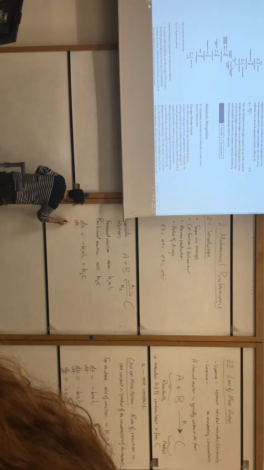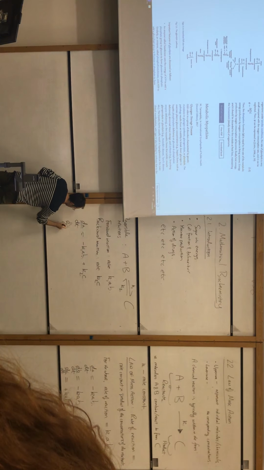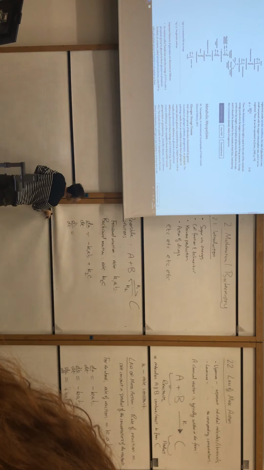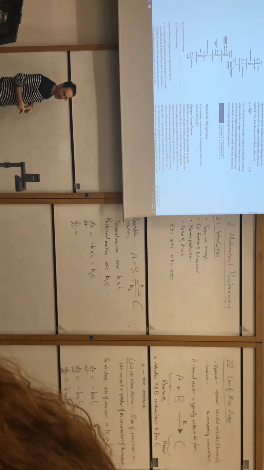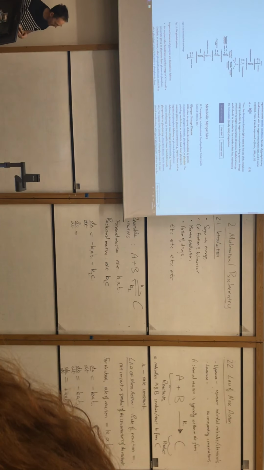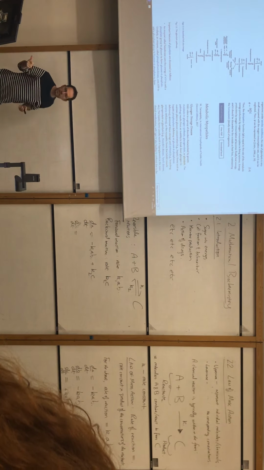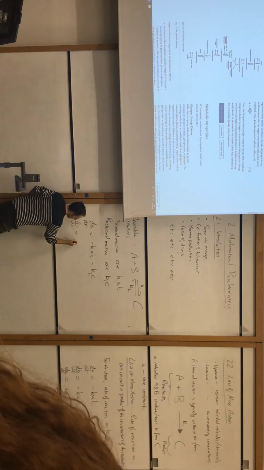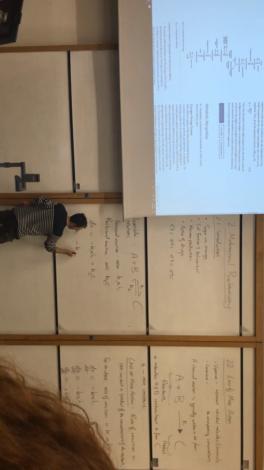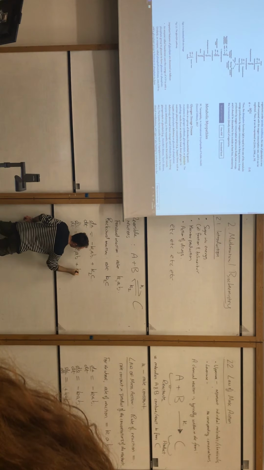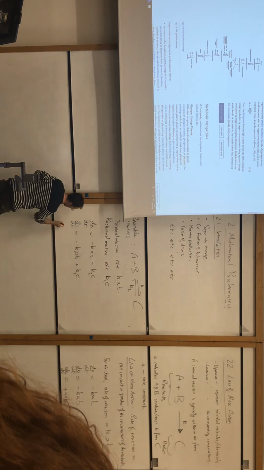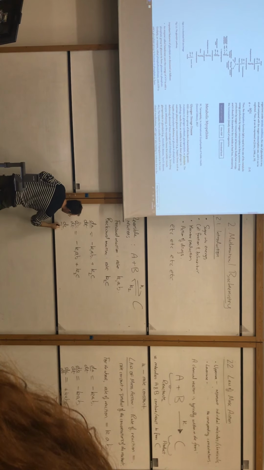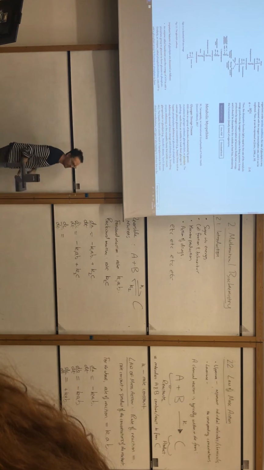Then you can do things for the other equations similarly. For B, B is going to have exactly the same sort of dynamics as A. It's being lost in the forward reaction, but it's being created in the backward reaction. So dB/dt will be minus k1AB plus k2C. And for C, the signs are going to be flipped round the other way.